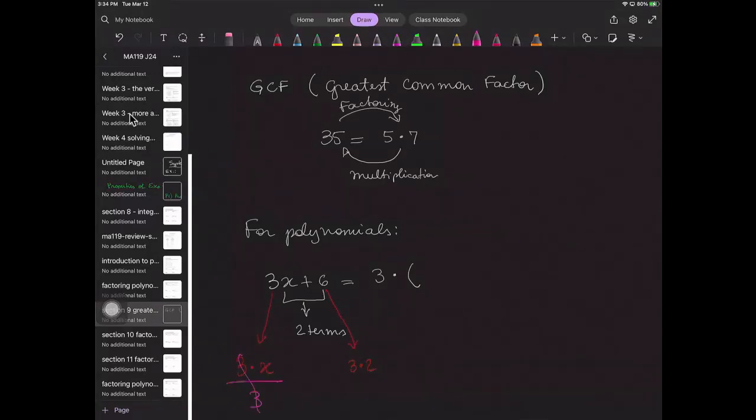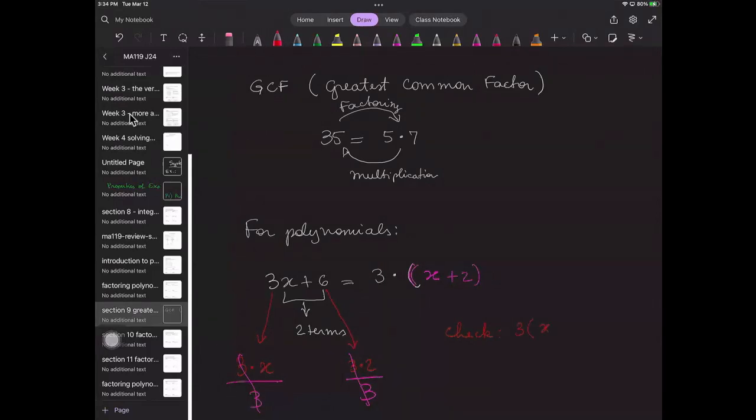The result is x. So x goes into the second factor, okay? Now, for the second term, which is 3 times 2, and you know 3 is your factor, if you divide that by 3, you get 2. So positive 2 is the other part of that factor.